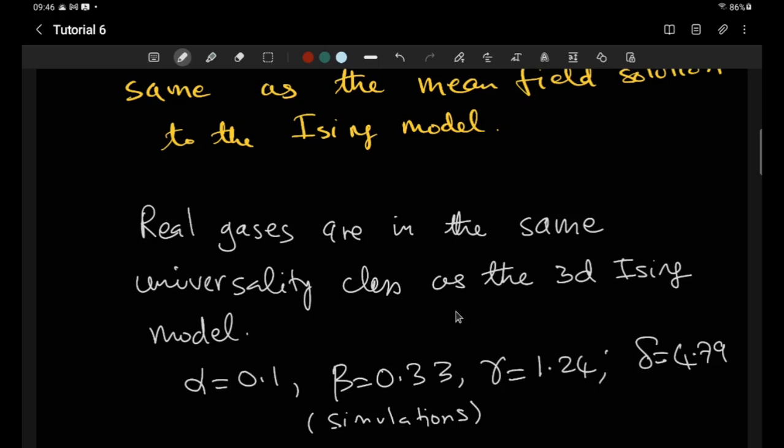So some scaling is used, and they'll show some collapse. And there's also critical slowing down which happens in the simulations as you get closer to the critical point. So some tricks are needed so that you get faster convergence. So it's an art to get these simple numbers that I'm telling you. It's not so easy to simulate on a computer, but it can be done, and people are very clever.